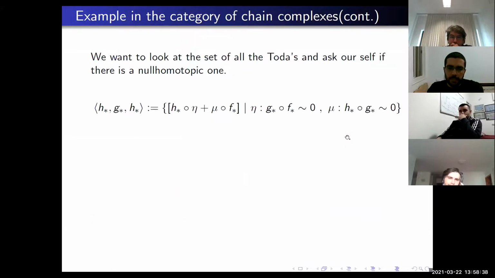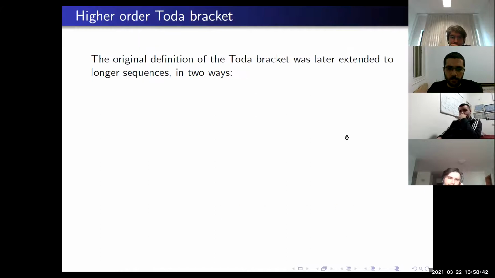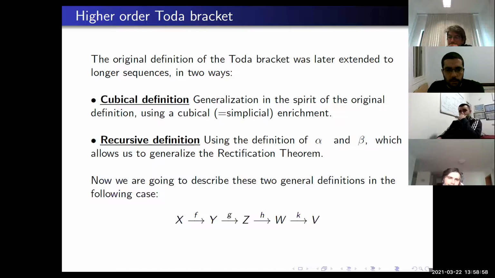But people proved that in the case of the recursive definition, it's even enough to be in a triangulated category to define this in a recursive way. Okay, so as I said before, we're going to describe these two definitions in the situation where we have four maps.